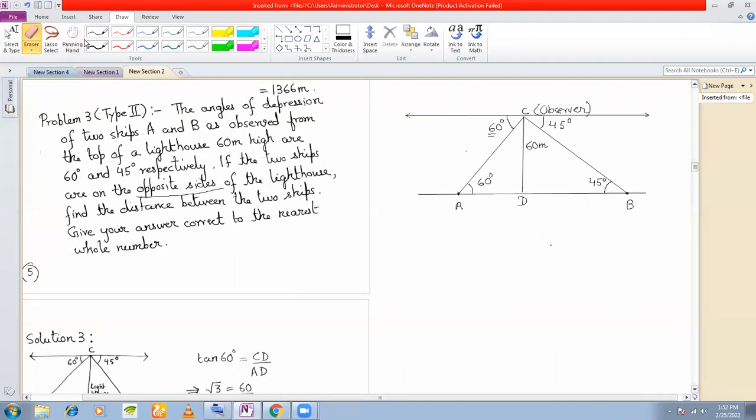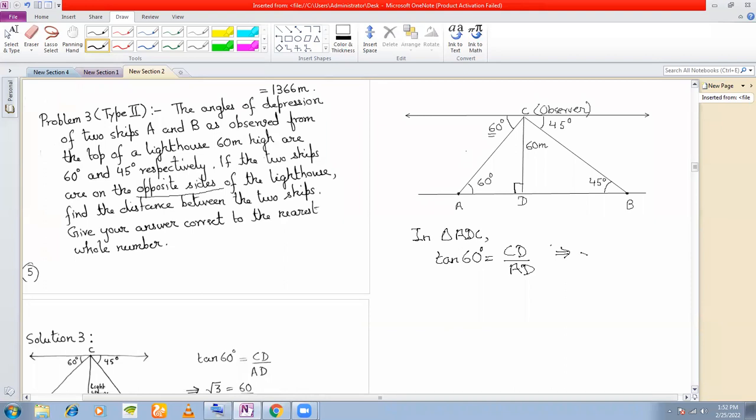First of all, you can see this right angle triangle ADC, and you can see the other right angle triangle BDC, right? So consider the first right angle triangle, triangle ADC. We use tan here once again. Tan 60 is equal to CD by AD, in this right angle triangle.